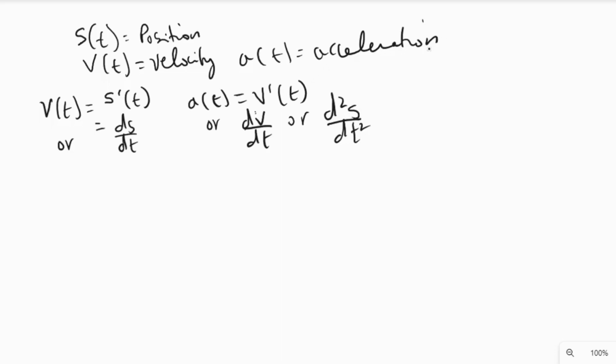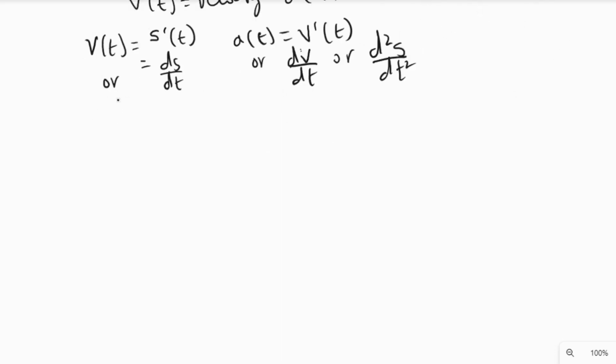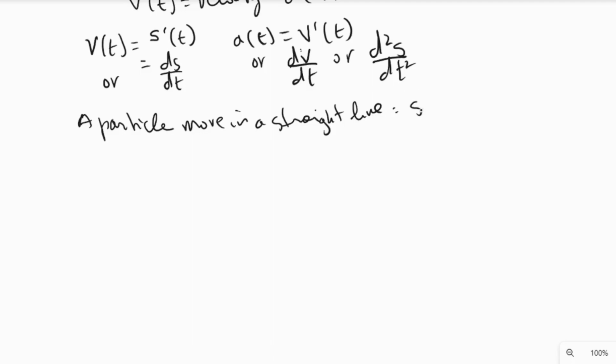So let's see an example here. A particle moves in a straight line. S, the position, is in meters and t is in seconds.